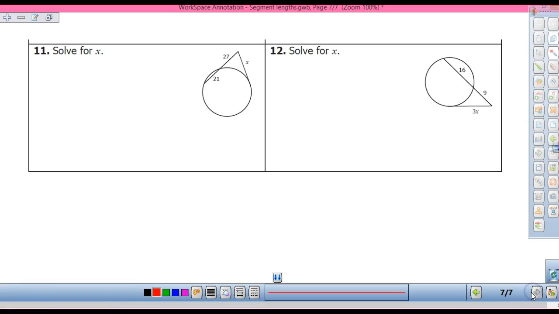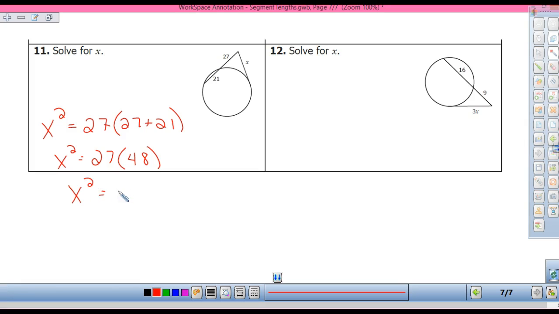One more? Let's do one where x is on the outside. So my tangent line is x. So I've got x squared equals 27 times 27 plus 21. So x squared equals 27 times 48. X squared equals 1,296. All right, so I have x squared.